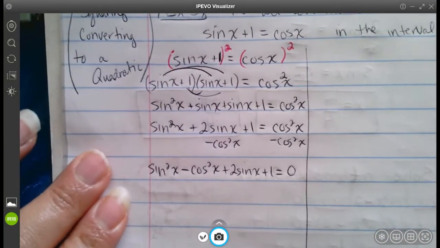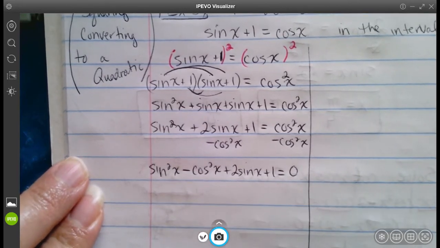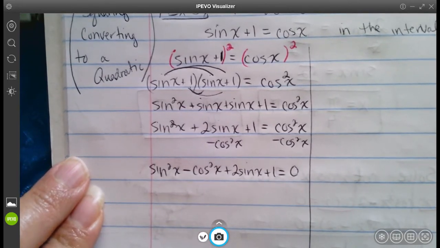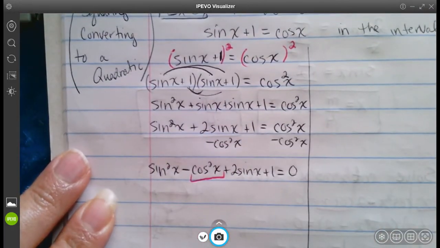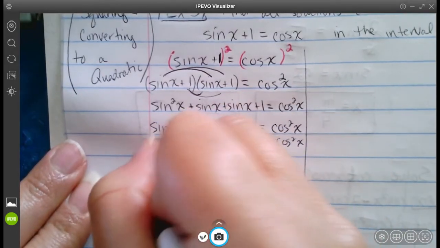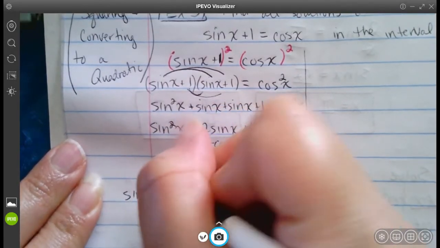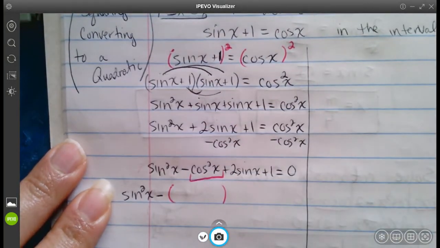Okay, so we have this a little bit longer expression to work with now. I have a lot of sines, so I'm going to change this one to a sine by using an identity. So I'm going to change cosine squared x to 1 minus sine squared x. So let me move this out because I'm running out of room here. So sine squared of x minus, I'm going to put this in parentheses, the part that I'm changing here.